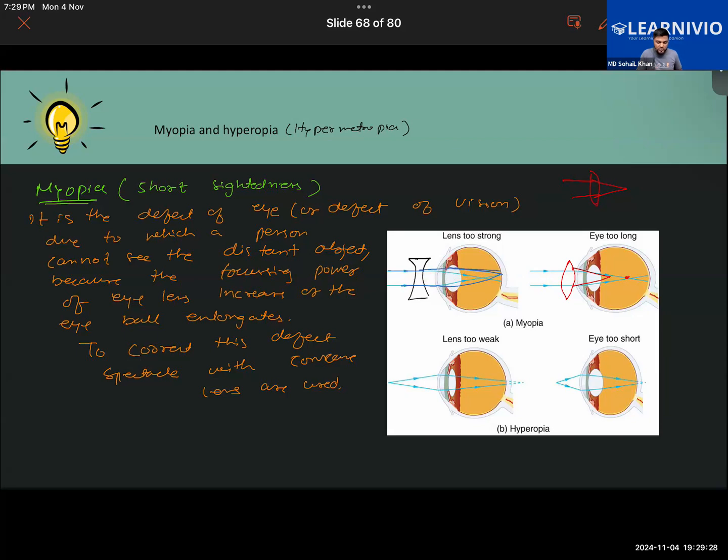But when we use the concave lens, as the rays of light pass through, they will be diverged like this. Right now our eye lens is a convex lens; it converges the rays of light.